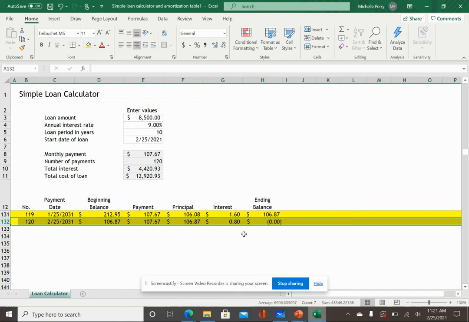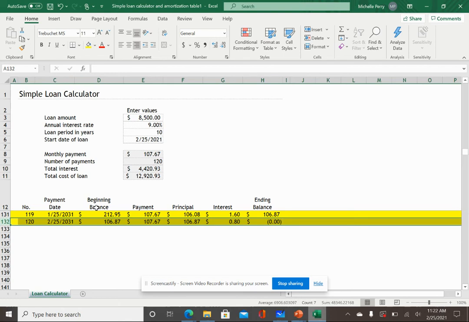So for payment number 119, we should have a principal amount from that payment of $106.08, followed with an interest payment of $1.60, which leaves us with a remaining balance of $106.87. And that should be payment 119.